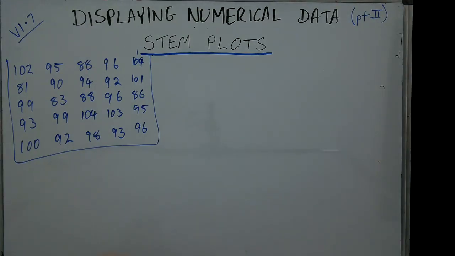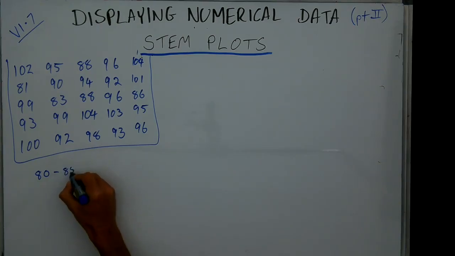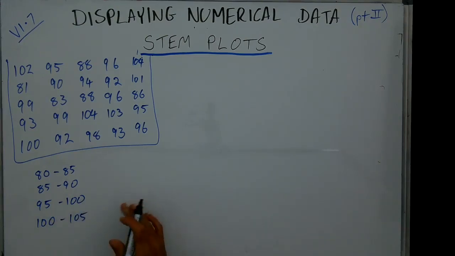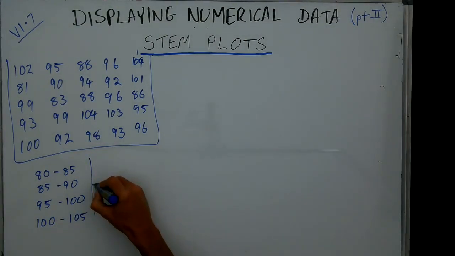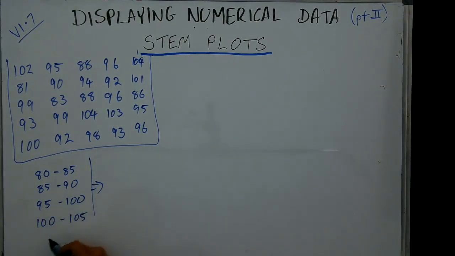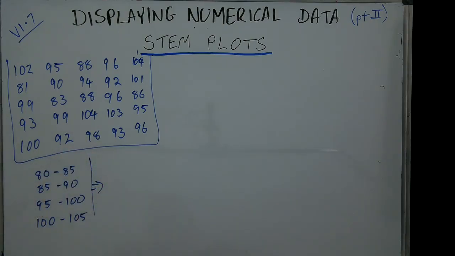So I'm going to say that our groups are going to go from 80 to 85, 85 to 90, 95 to 100, and then 100 to 105. So how that then translates into stem plot is we're going to take the first digit as the stem and the rest of the number as the leaf.